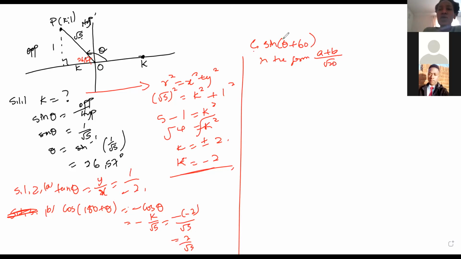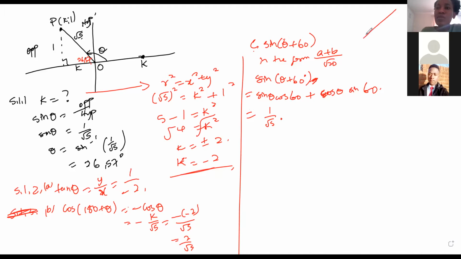Okay, so you see this sine(theta plus 60) is a compound angle, which we can write as sine theta cos 60 degrees, the sign doesn't change, plus cos theta sine 60 degrees. And what is sine theta? We said sine theta is 1 over root 5.